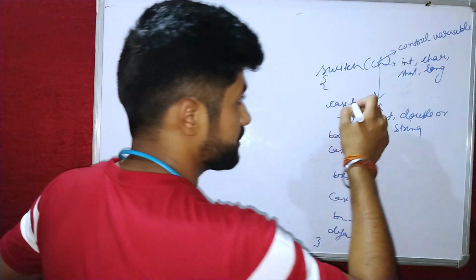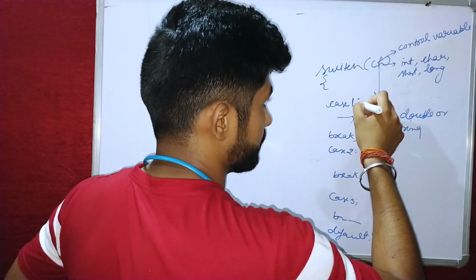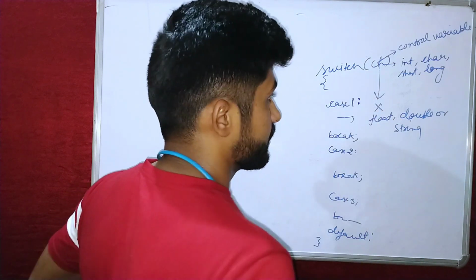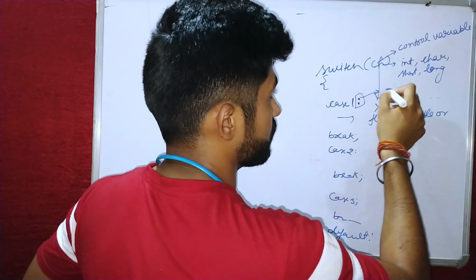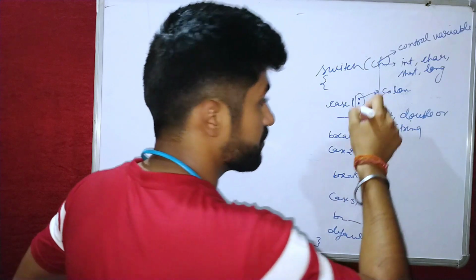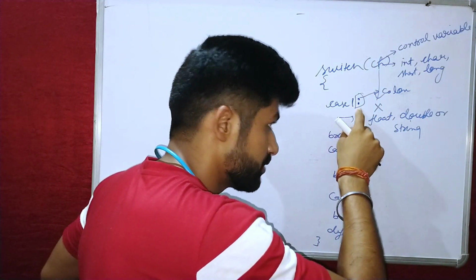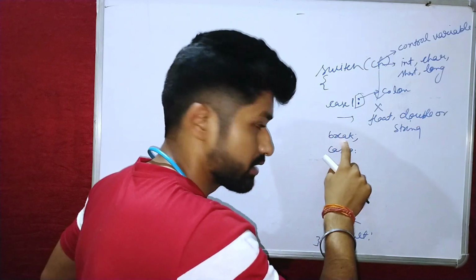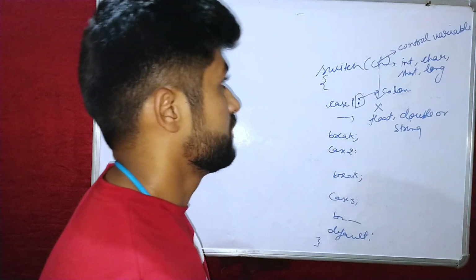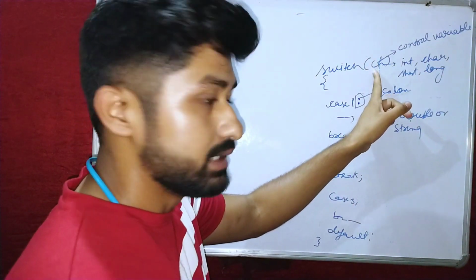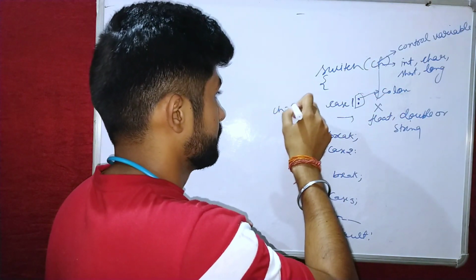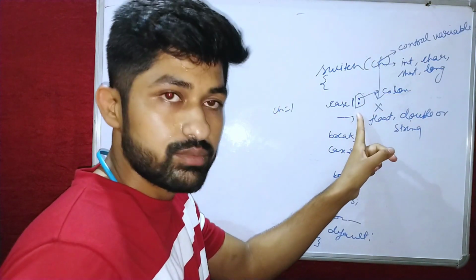See friends, after the case I have written case 1 here. These two dots represent the colon. Colon marks the beginning of a case. That means this case 1 starts from here and it terminates after the break statement. If the user enters the value of ch as 1, then the control will directly come to case 1.